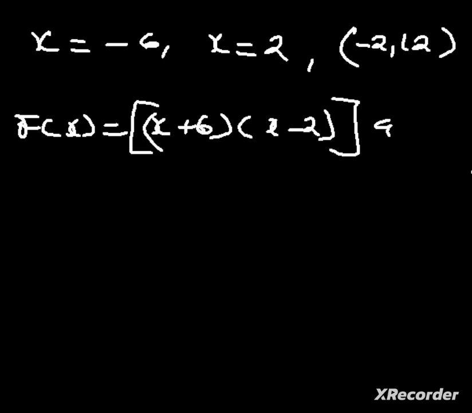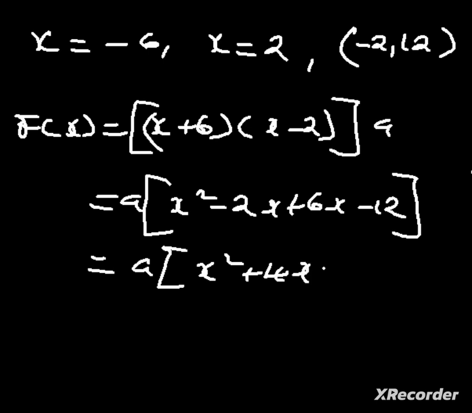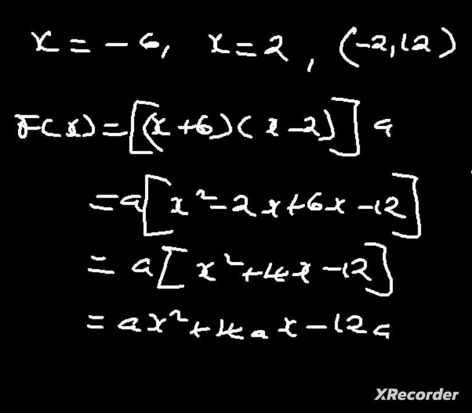It can be that, which is the same as a constant a times x squared minus 2x plus 6x minus 12. So a times x squared plus 4x minus 12, which means we'll have ax squared plus 4ax minus 12a.